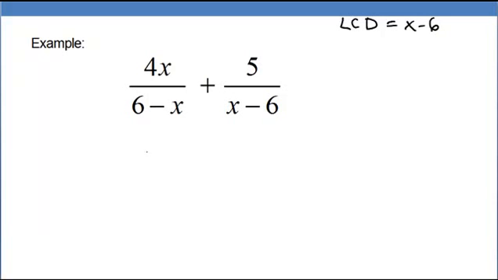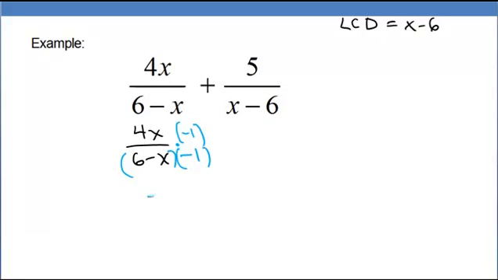So I'm going to work on the first fraction, bring down what you have, and here I'm actually going to multiply by a negative 1 to change this into the other form. So if I multiply by a negative 1, whatever you do to the denominator, do the same to the numerator. And we'll clean that up.